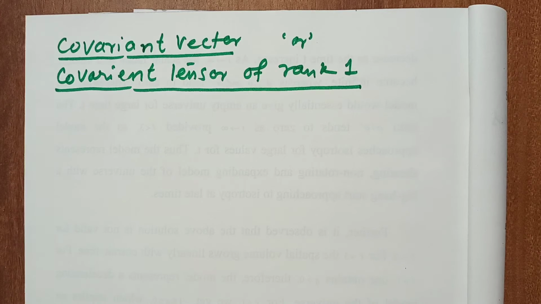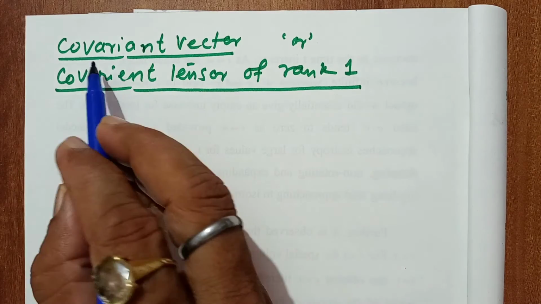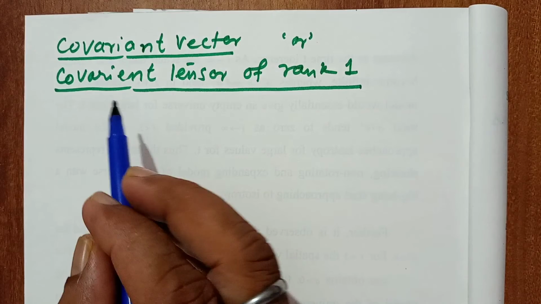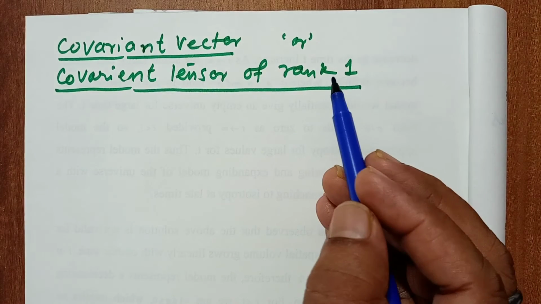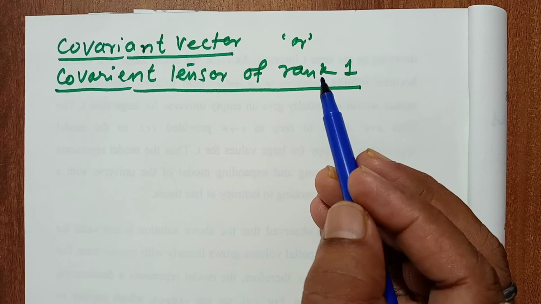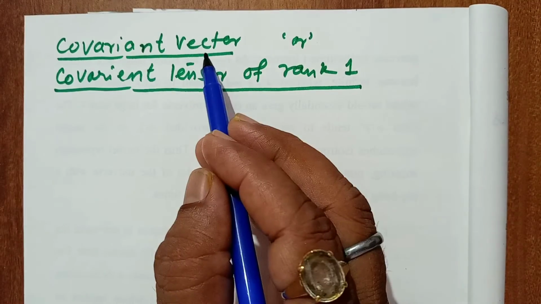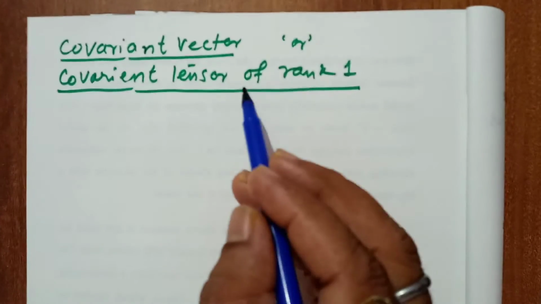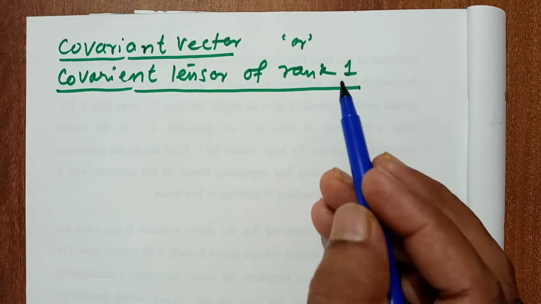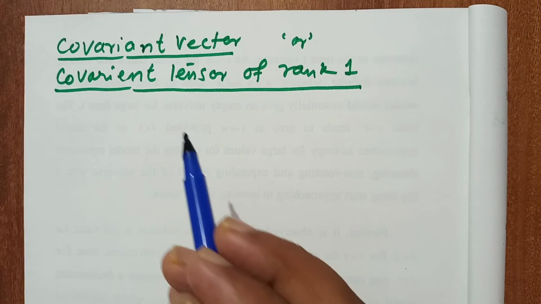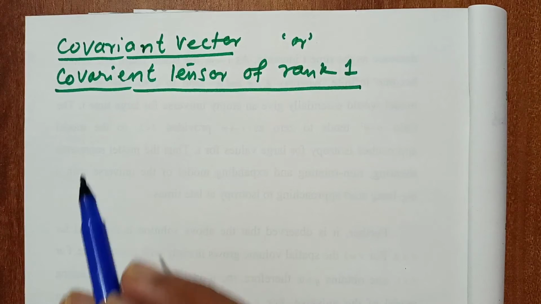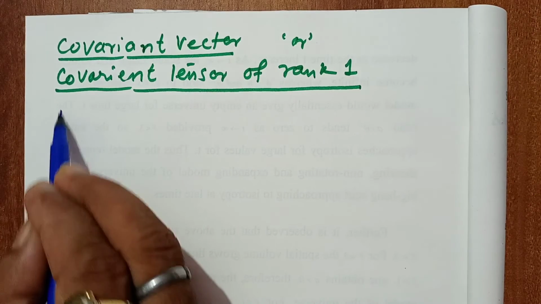Now we define covariant vector or covariant tensor of rank 1. In a similar fashion, before we have studied contravariant vector or contravariant tensor of rank 1. So a similar definition I am going to explain for this. Okay, so what is the definition?